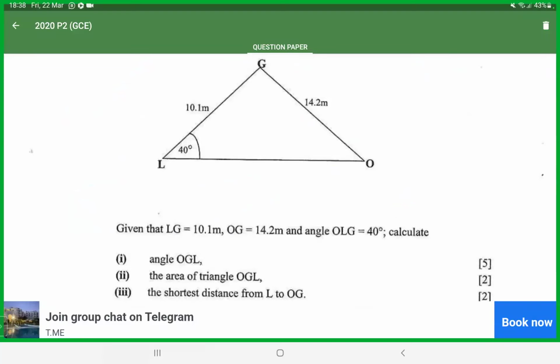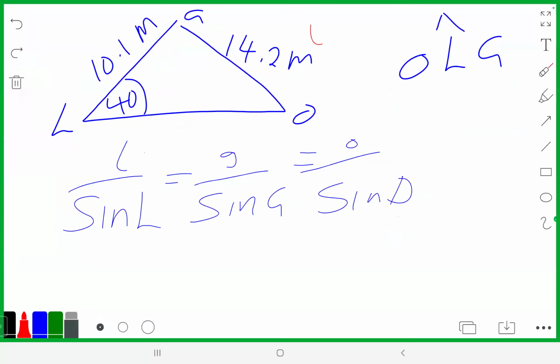Oh, the angle we are finding is OGL, not OLG. It's OGL. Yes, OGL. We are looking for G. Anyway, so we have sine L, right? The angle for L is 40. Then we go to G. Do we have side G?